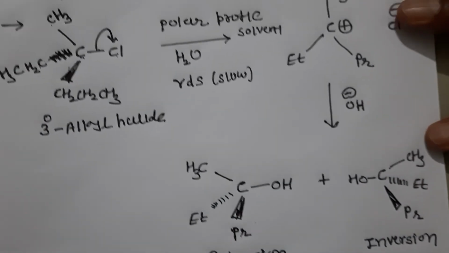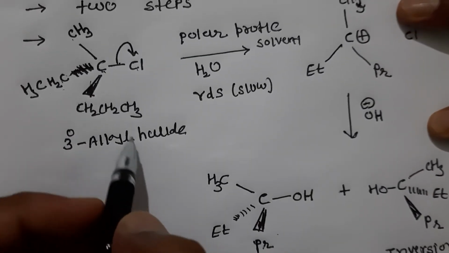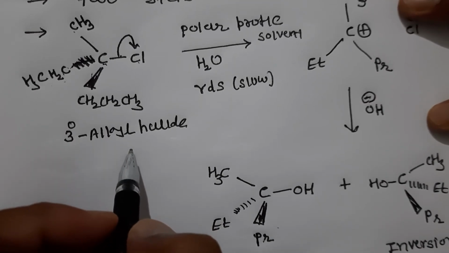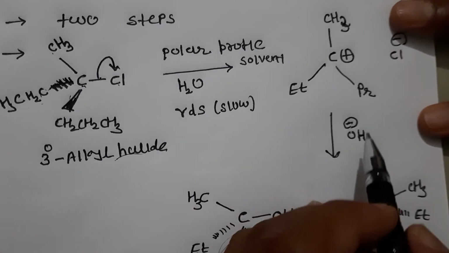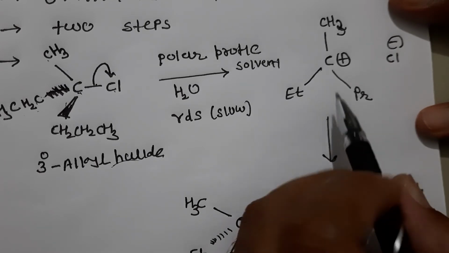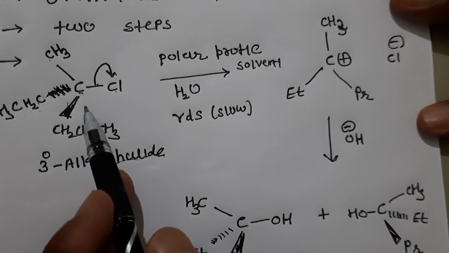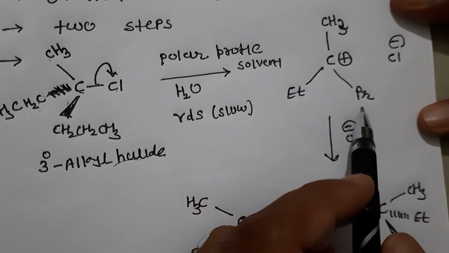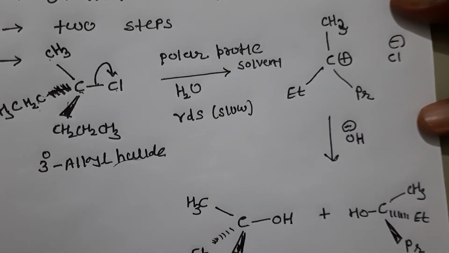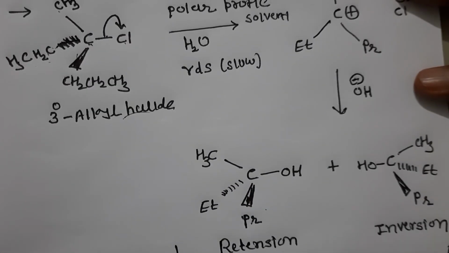In the first step, if we use a 3 degree alkyl halide, we get a 3 degree carbocation, and we know that a 3 degree carbocation is more stable. If we take a 2 degree alkyl halide, then we get a 2 degree carbocation. So the rate depends on the stability of the carbocation. That's why 3 degree alkyl halides react faster than 2 degree, then 1 degree.